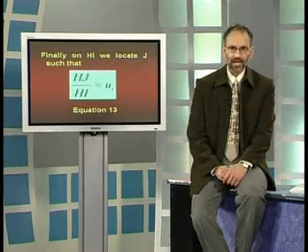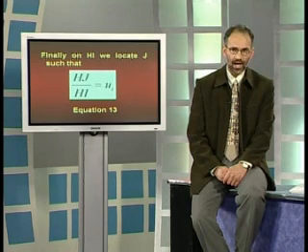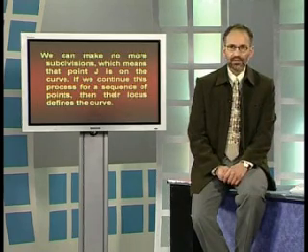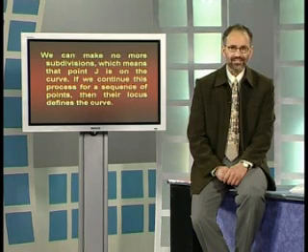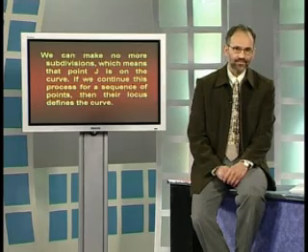And finally, on HI, we locate point J such that HJ over HI equals u, and we mark this as equation number 13. We can make no more subdivisions, which means that point J is on the curve. If we continue this process for a sequence of points, then their locus defines the curve, and that's what we would be interested in finding.